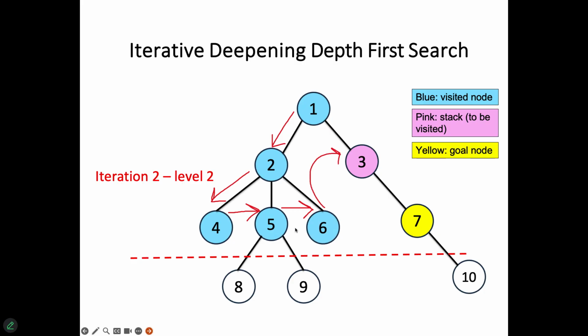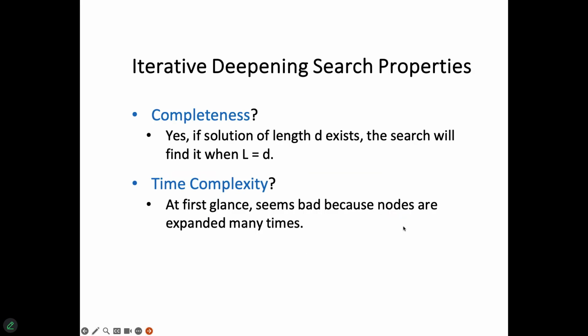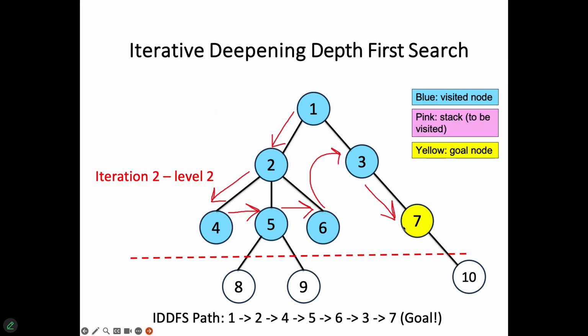Now at this level, because they were all visited, we backtrack to 3, right? So from 6 you go to 2, 1, and then you actually backtrack from 6 to 3. Now you want to visit 3, and you can also explore the next child, and we actually reach the goal node, right? So this is how the iterative deepening search works.